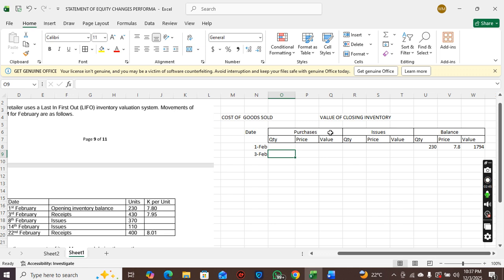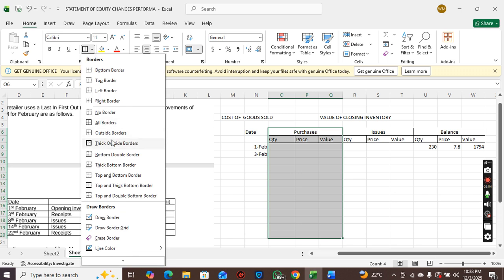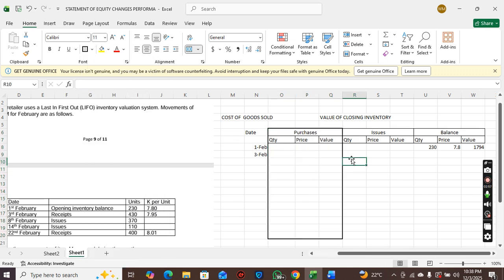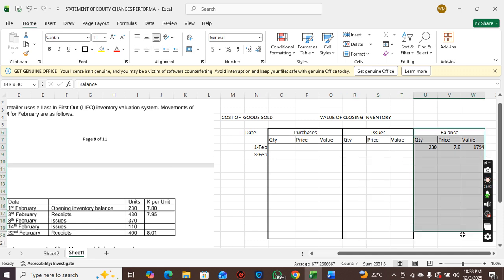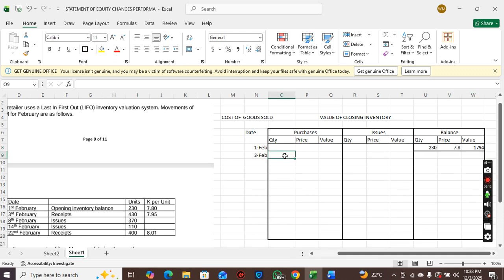So under the purchases section here, you put 430 units valued at 7.95 kwacha. The total value is 430 multiplied by 7.95, which gives 3,418.15.